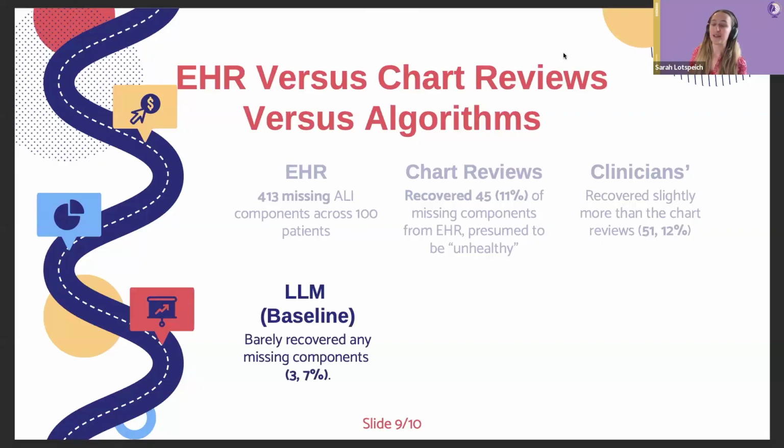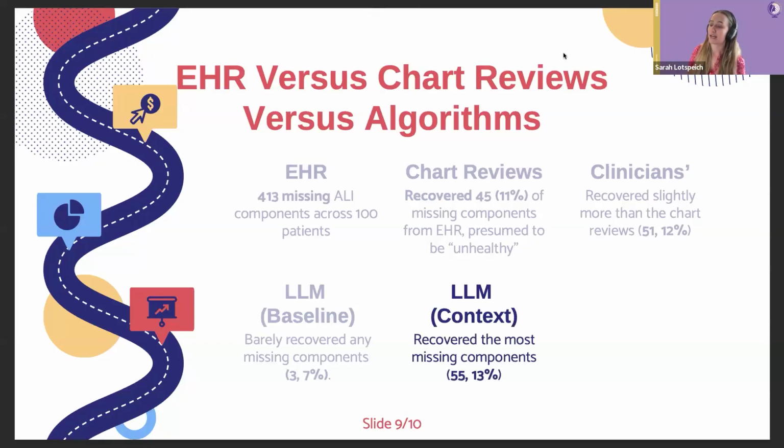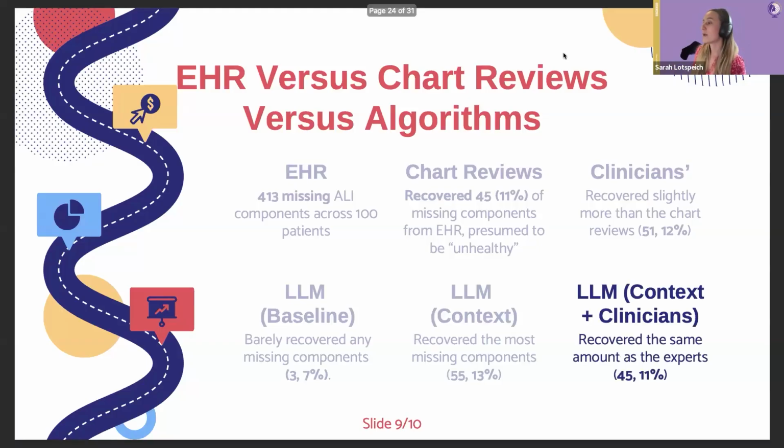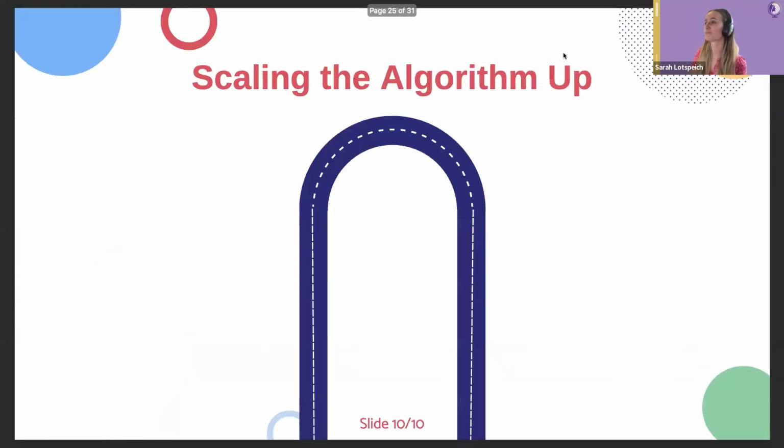The LLM with baseline barely recovered anything at all, 3 out of 413, while the LLM with context recovered the most simply because it had the most search terms. The LLM with context and clinicians recovered the exact same amount as the experts. It brings us full circle and allowed us to get agreement between what the humans found and what we were able to operationalize using the algorithm.